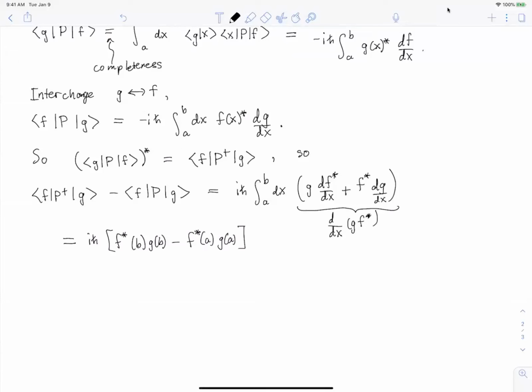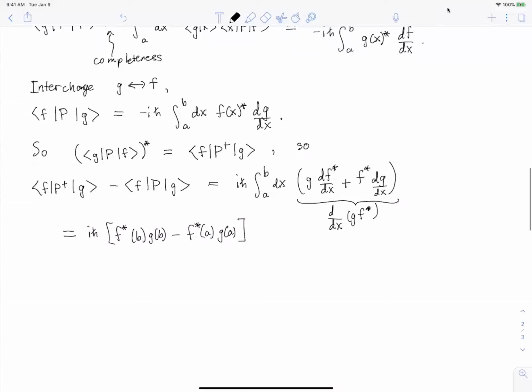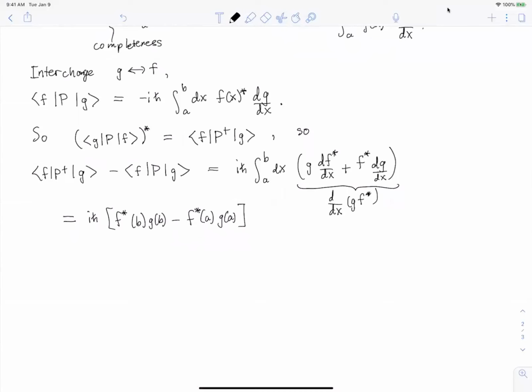Okay, so our goal was to try to prove that the momentum operator was a Hermitian operator, which would make it an observable, but it didn't work. It came out to be something that looks like it's non-zero. So what that means is that despite our best intentions, the momentum operator is not Hermitian unless we impose some further constraints on the wave functions.